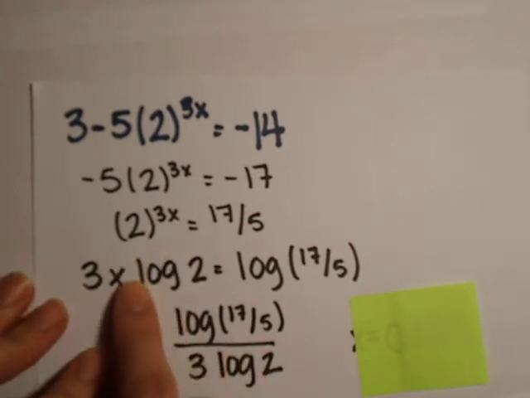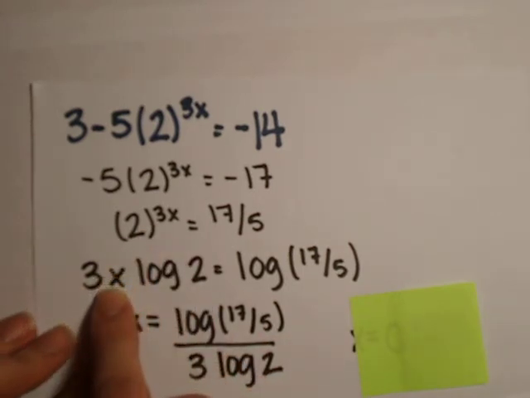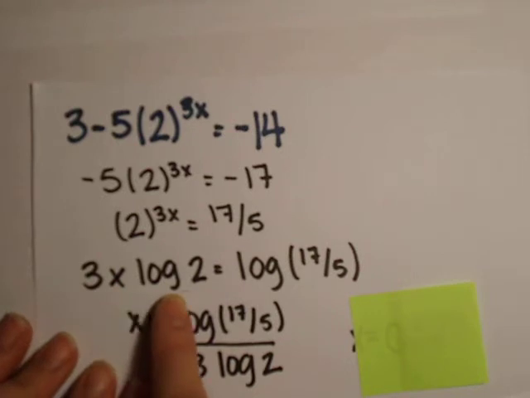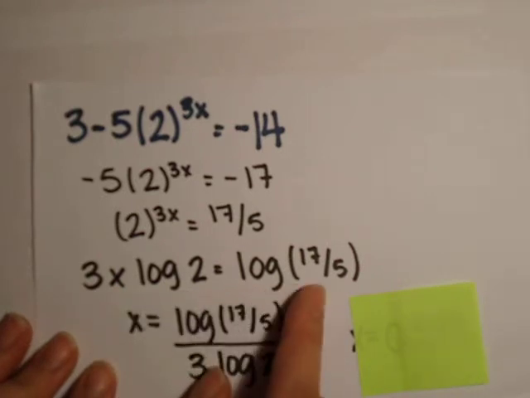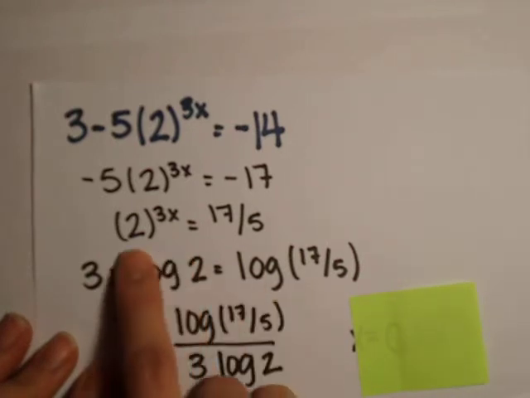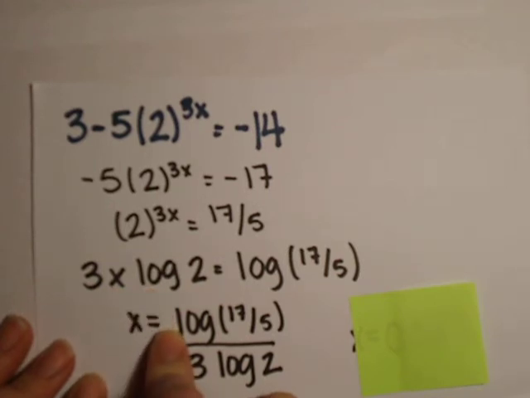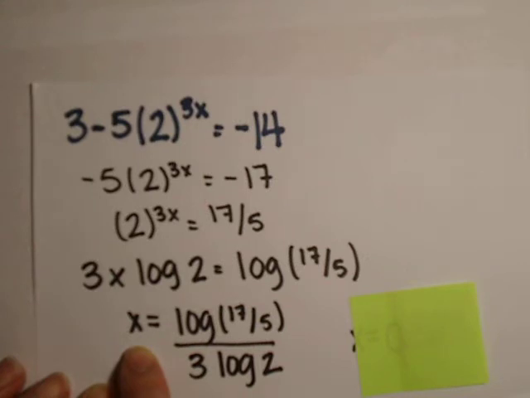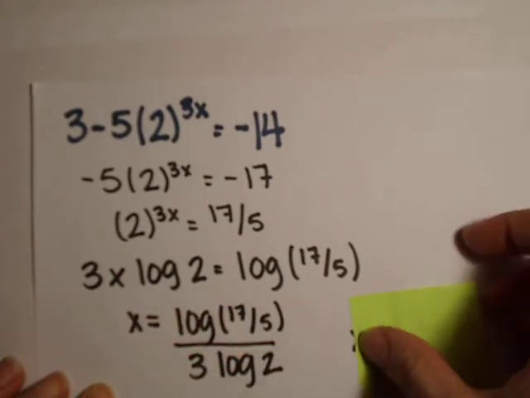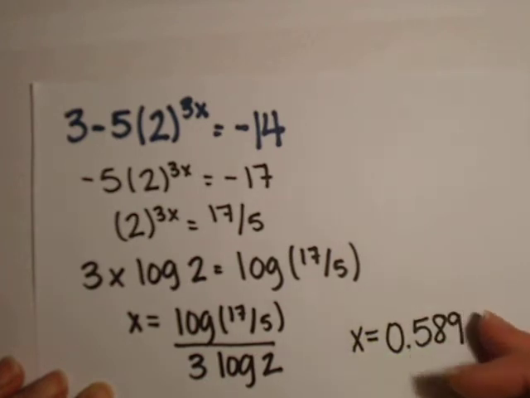We can bring down the power, and then we'll be left with 3x times log of 2 equals log of 17 over 5. We can bring the power down due to the properties of logarithms we learned in a previous lesson. Then we divide by 3 log of 2, and we get our final answer, after you put this in the calculator, of x equals 0.589.